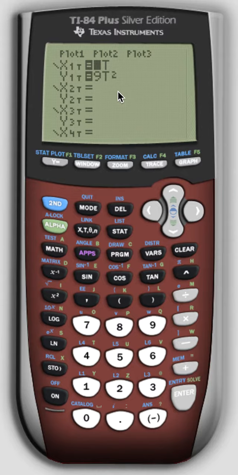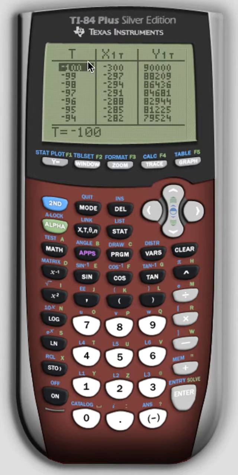Maybe the calculator only uses positive t values, but if I go to the table, I told it to start at negative 100, and then I can see that, of course, it does make an actual parabola.